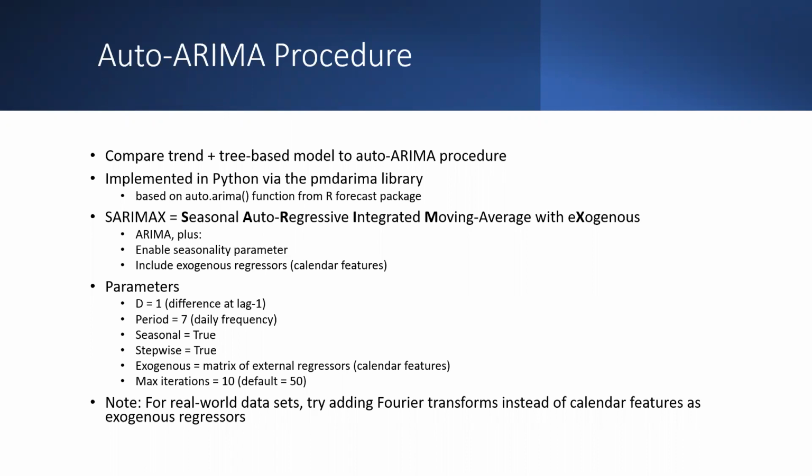I didn't do that in the simulated data set, but you could certainly try that. Another thing that I did differently this time around is there's a parameter in Auto-ARIMA called max iterations, and the default's 50. I brought that down to 10 just to make it go a little bit faster for troubleshooting purposes.